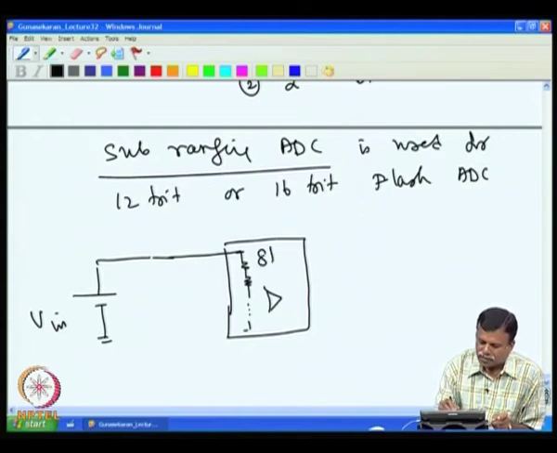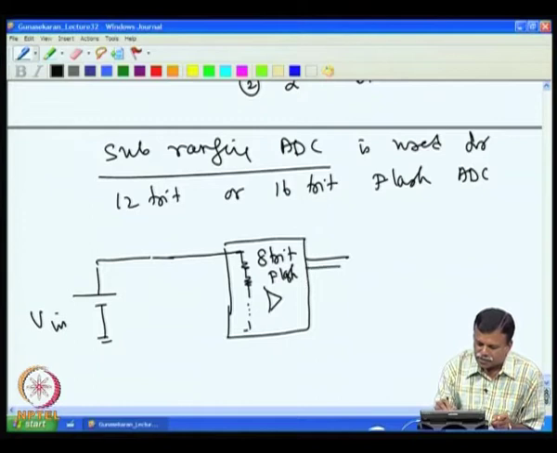So, basically it is an 8 bit flash ADC. This gives you an 8 bit output, with an MSB here and an LSB here.